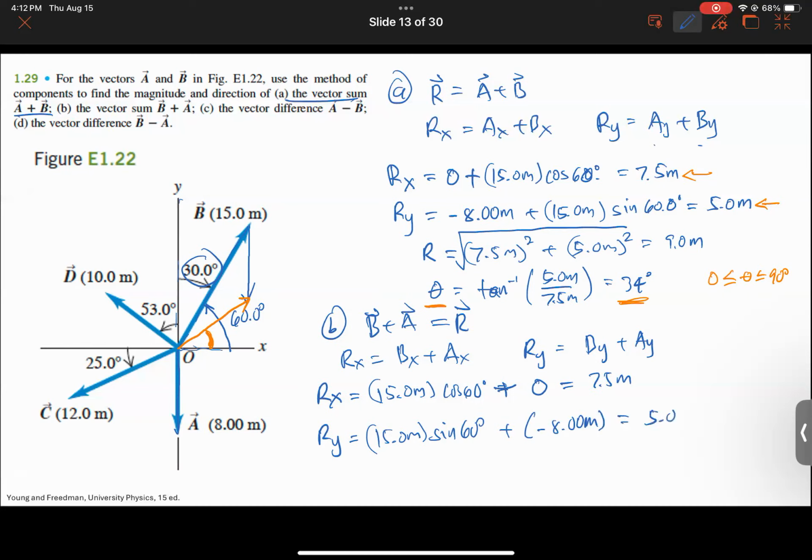This also gives us 5.0 meters. So again, ang resultant vector is 9.0 meters. Pareho dito. And yung direction is 34 degrees. And we expect that kasi vector addition is commutative.